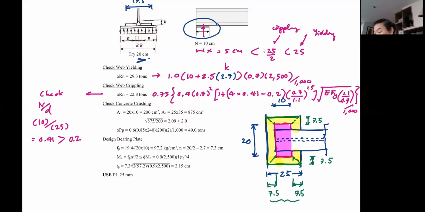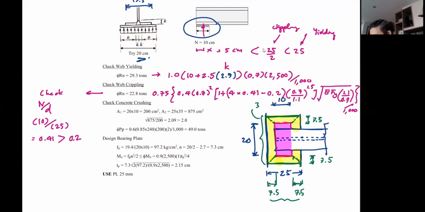Has to be. But for the vertical dimension, the A2 will be 20 plus 15. So that's 35. Okay. So that becomes your A2. Is there any question about that?